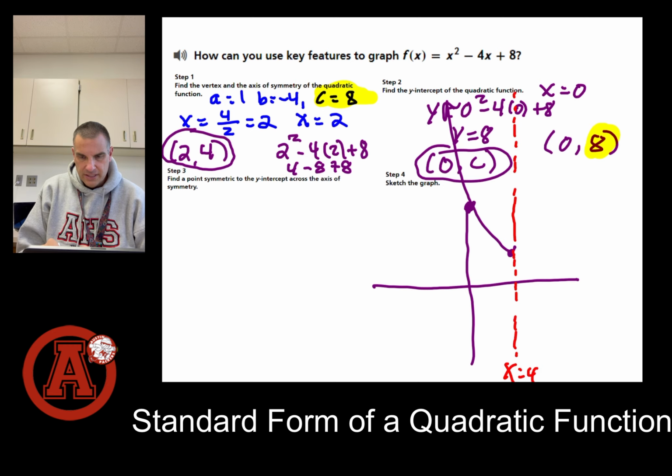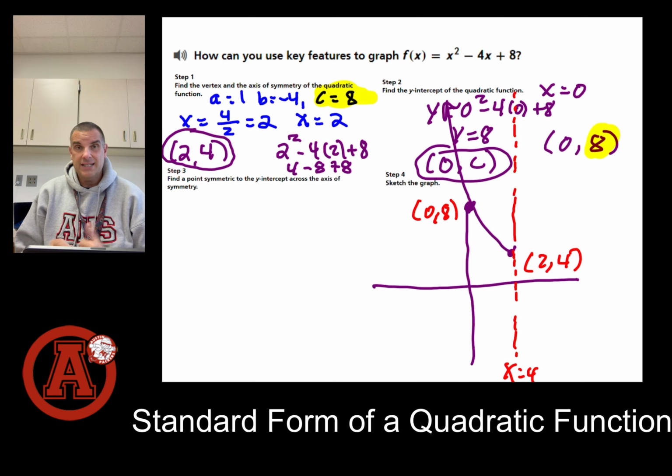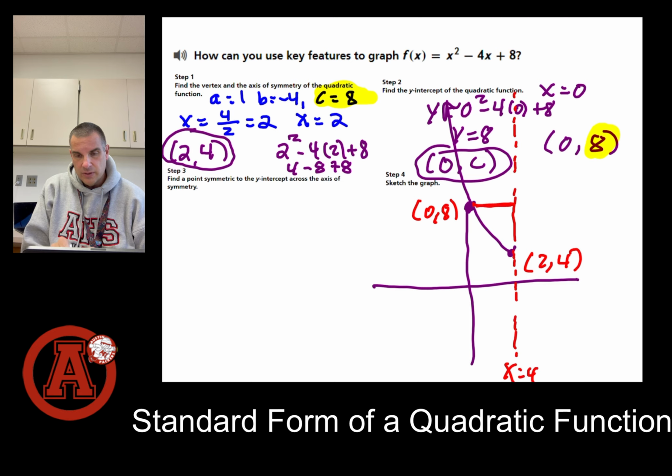We have this vertex point, (2, 4), and this point (0, 8). Here's what has to happen. Since that's an axis of symmetry, this distance right here and this distance right here have to be the same.